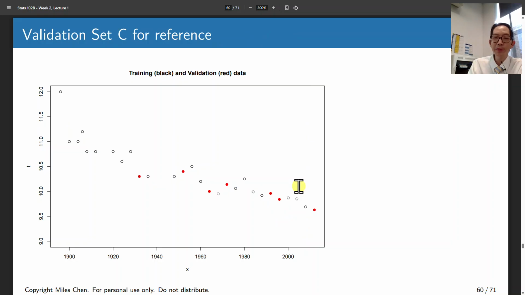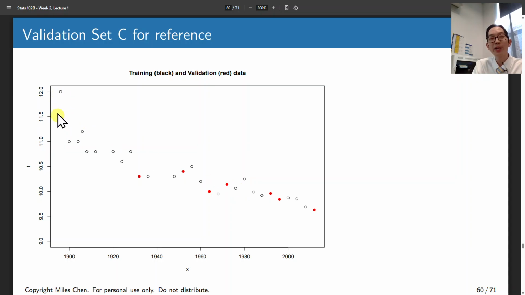Yeah. So if you look at the original data set, this one I would say is kind of an outlier, right? And so this observation ended up in validation set D. So if you imagine fitting a linear model to this, let's say you leave this one out and you're fitting a linear model to everything else.